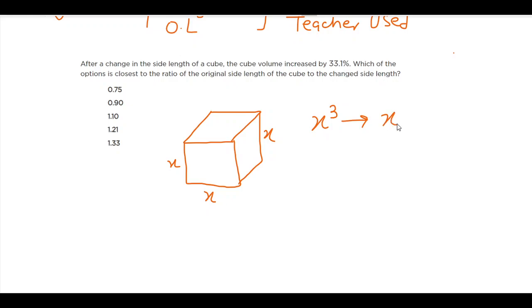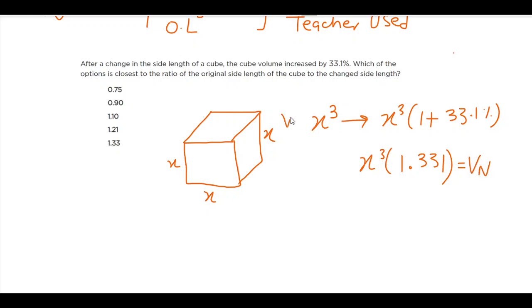The new volume is going to be x cubed times 1 plus 33.1%, which is going to be 1.331 times. So this is the new volume, and this is the original volume.